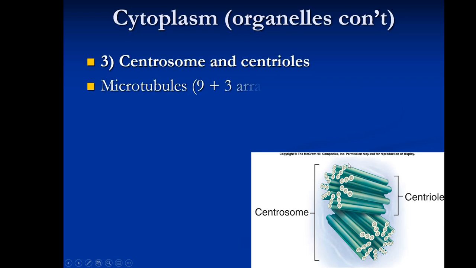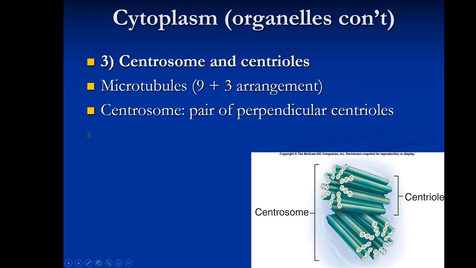As far as the centrosome and centrioles, these are really important in cell division. Terminology-wise, these are microtubules, the same microtubules we just talked about on the previous slide. They're arranged in what we call a 9+3 arrangement, so there's 9 groups of 3.